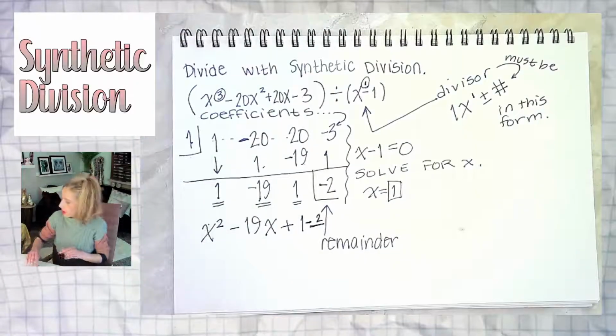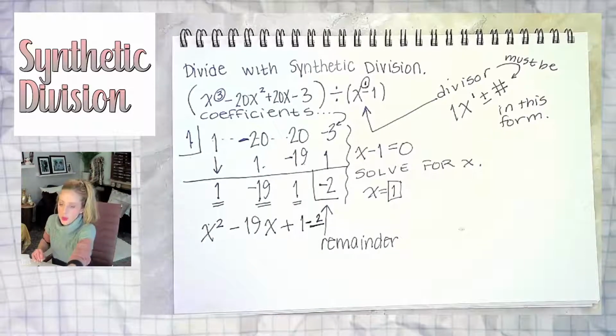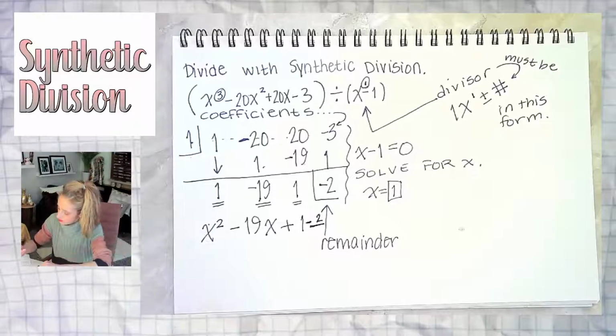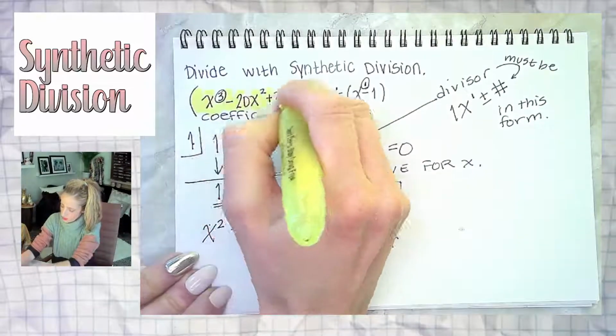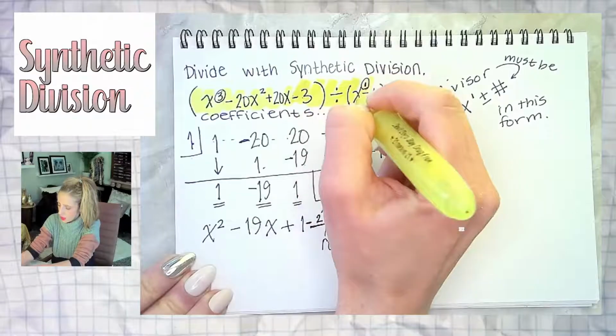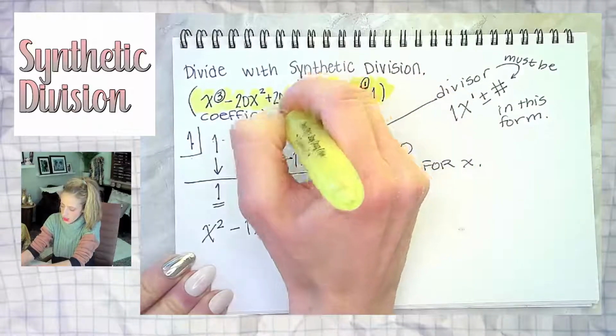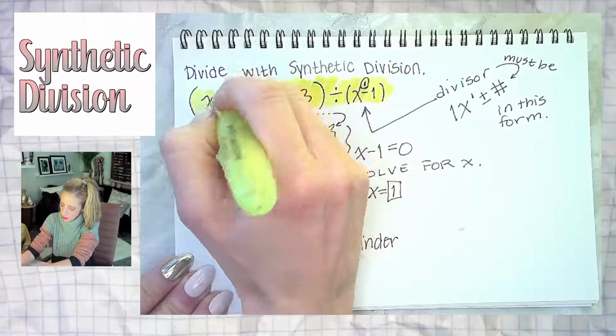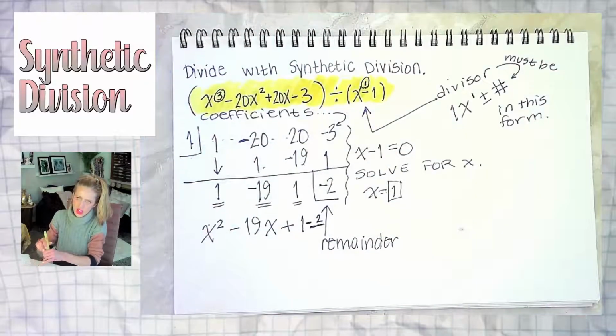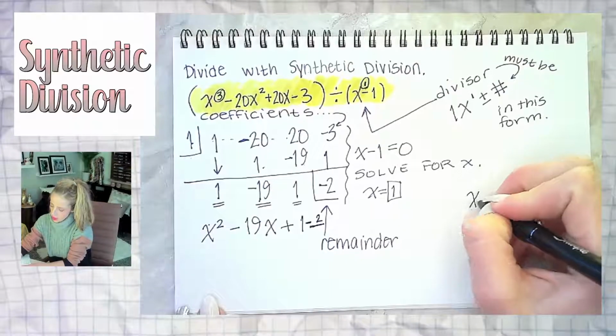X. No, look back at your original division problem. What did we say we put in with the remainder when we write it? We put the remainder over what thing? If that was long division, you would write it like this.